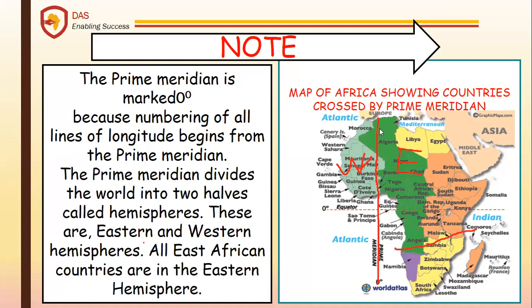From up, we have Algeria, okay? Then up here, we have a country called Mauritania. Mauritania is the next country, and this is where it is found. Then here we have Mali.